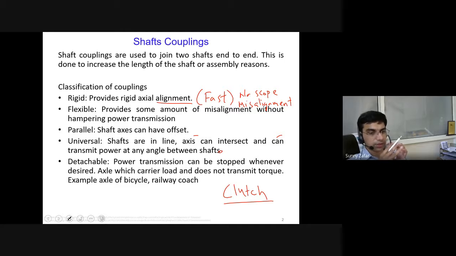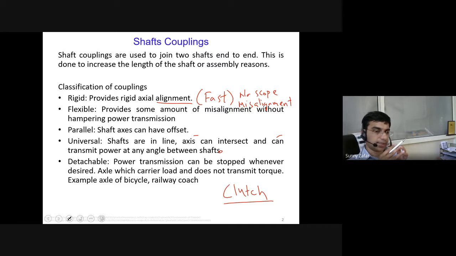Power transmission is not there on the axle, just the rotational motion is transmitted. The shaft always transmits the torque. Generally in railway coaches, bogies or wagons, the wheels are connected to axles, not shafts, because power transmission is not there, they are just rotating.